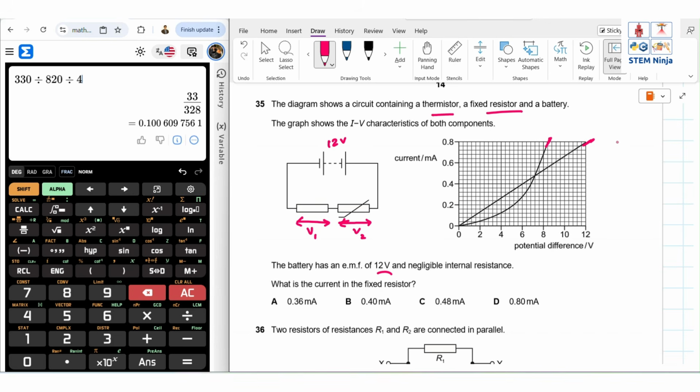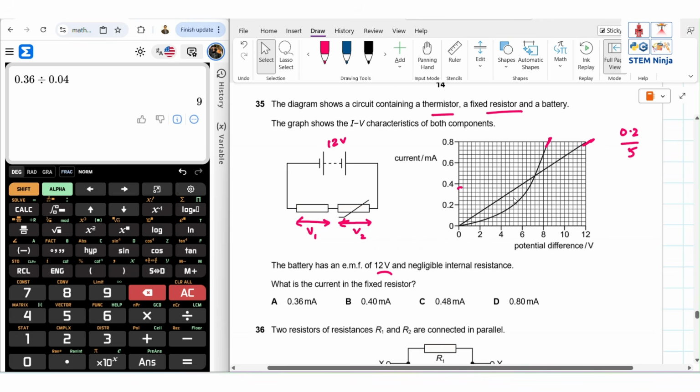So 0.36. First let's figure out what this is. 0.2 is covered in 0.5. So 0.2 divided by, oh sorry, no, that is 0.04. So 0.36 divided by 0.04, that is 9. So this is the 0.36.